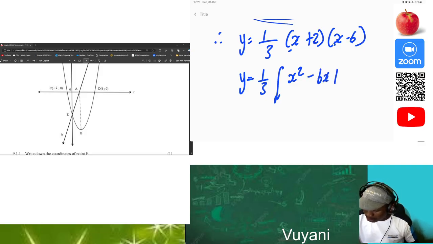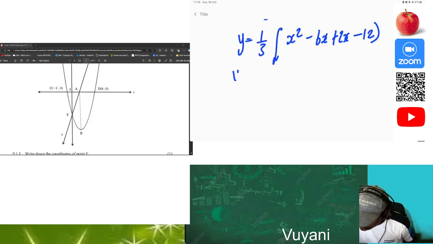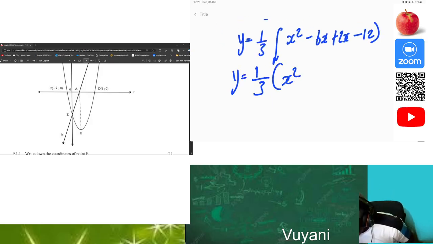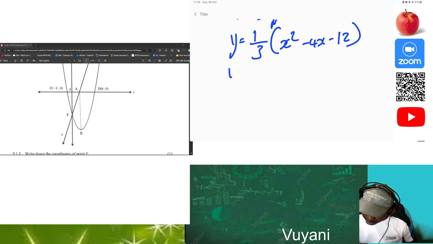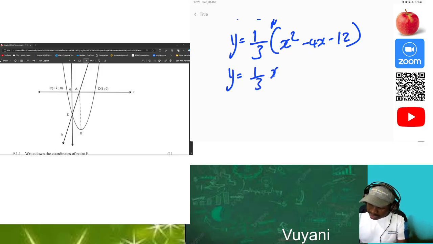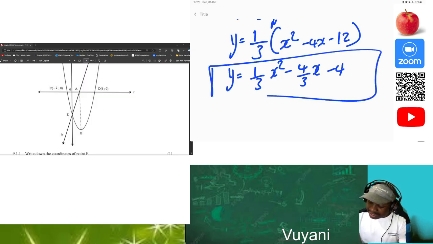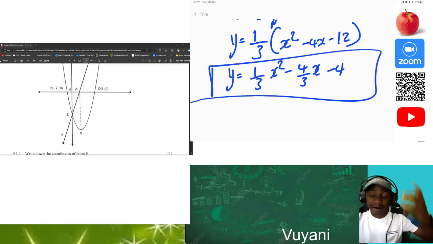Positive 2 times x will be positive 2x, and of course 2 times -6 is -12. Then y is equal to 1/3 of x squared, then 2 minus 6, that's -4x, minus 12. Now we multiply all through by 1/3. That gives us 1/3 x squared minus 4/3 x, then 1/3 times -12, that's -4. So this is the standard form of this equation.